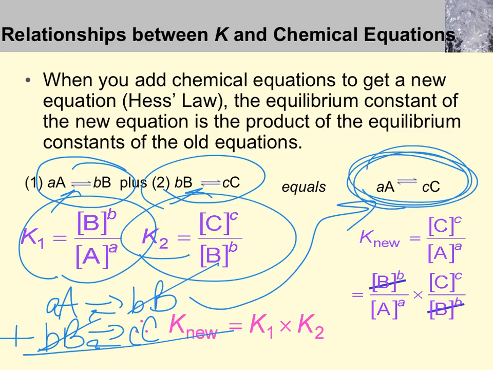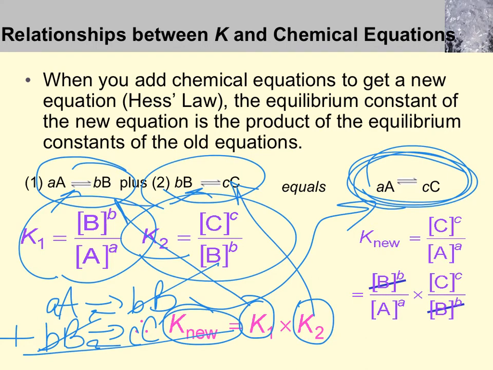So here's the new chemical equation, and for the new equilibrium constant expression, you have to multiply the equilibrium constants for each of the individual reactions that you've added. So it's kind of weird. It's almost like you do a simple math operation on the chemical equation, and end up having to do a multiplication or exponential operation on the K value.